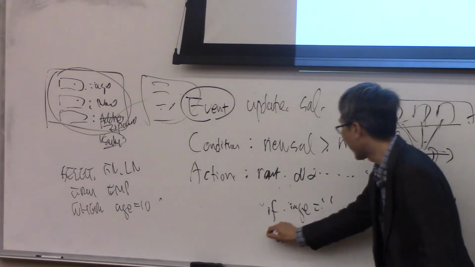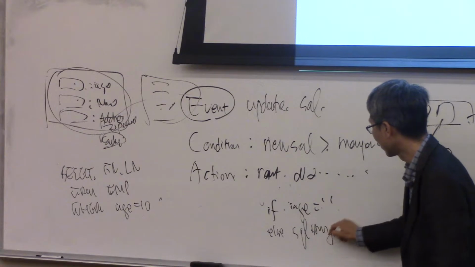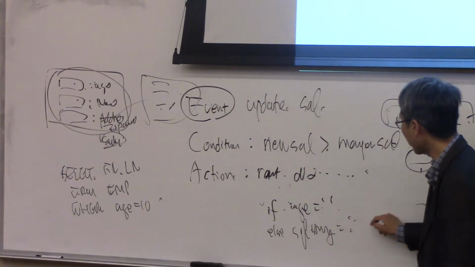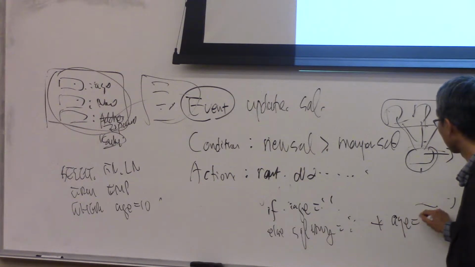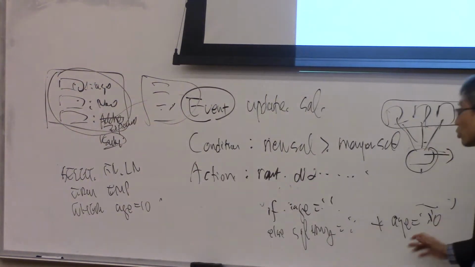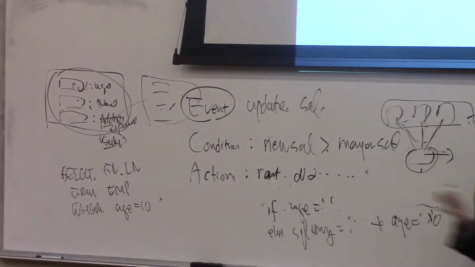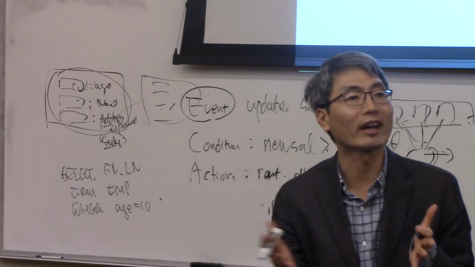Else, you can make the SQL string and append plus the age is equal to this input value 10. You can assemble based on the query. This is called dynamic SQL, dynamic query.